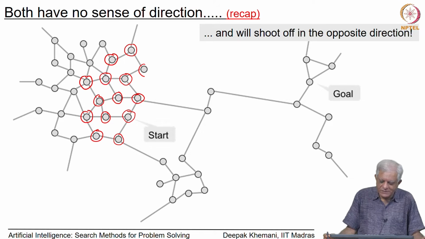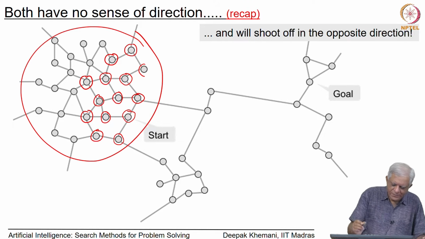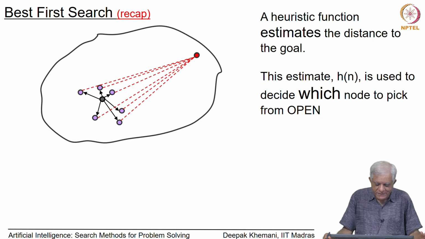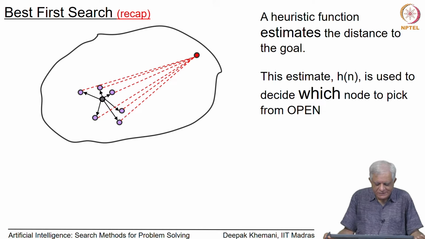So, they do not look towards the goal, they only look behind at what is the path that they have discovered to all the nodes on open, and then they pick that node on open which has the cheapest partial path found so far. So, they do not have a sense of direction. Both the algorithms will end up searching all these nodes before they will turn their attention towards the goal node essentially. Which is what A star does not do, and A star is good. So, A star adopts this goal directed behavior from best first search, which is an algorithm that we have also studied.